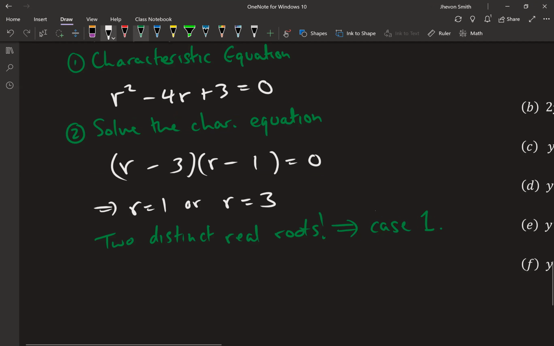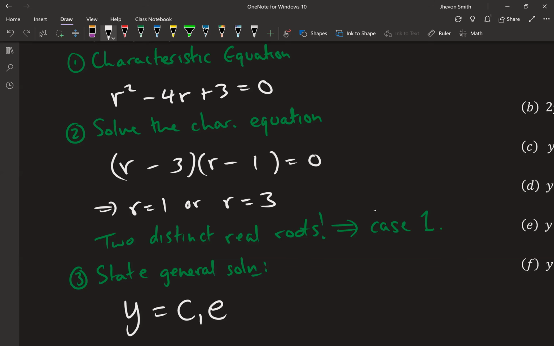Well, state the general solution. So this means that the general solution is going to look like y equals some constant times e to the first r times t, plus some other constant times e to the second r value times t.